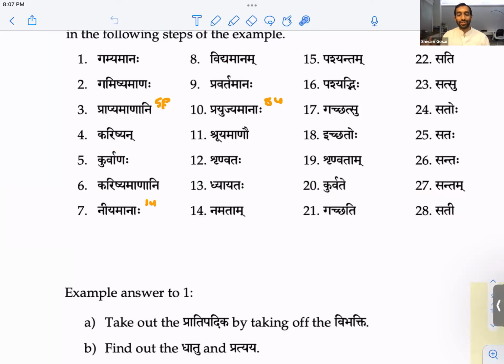So if you know shatru, you know kartari. So karishyan, one, an agent or one who is doing. Kṛ, to do, doing. So one who is doing.